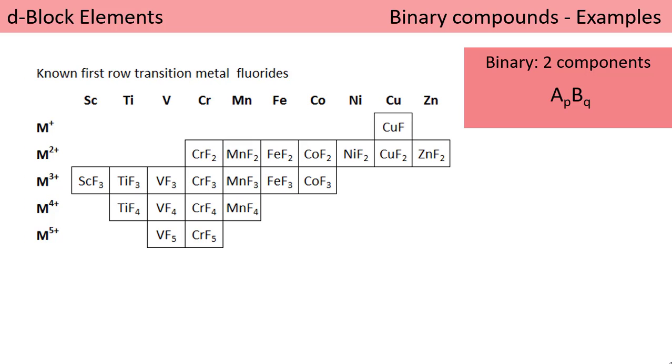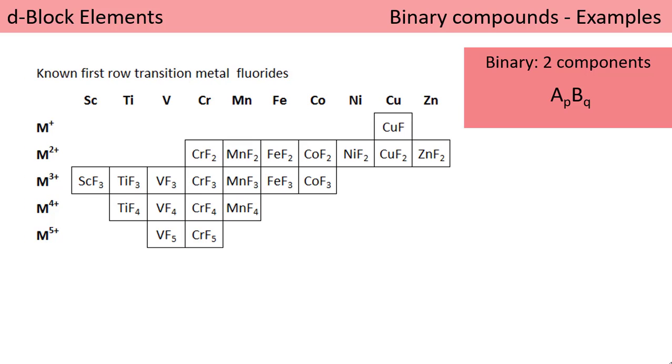So we can look across the first row of the D block, from scandium to zinc, and for these elements we can ask, which fluorides are known? Here they are. We notice that for some elements, there is just one compound. For example, scandium, the only fluoride is scandium trifluoride, and for zinc, the only binary fluoride of zinc is zinc difluoride.